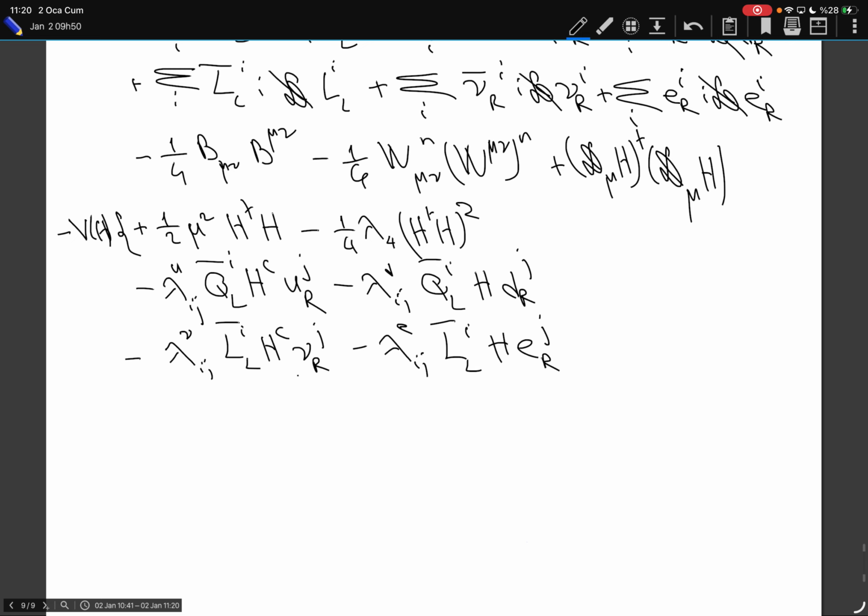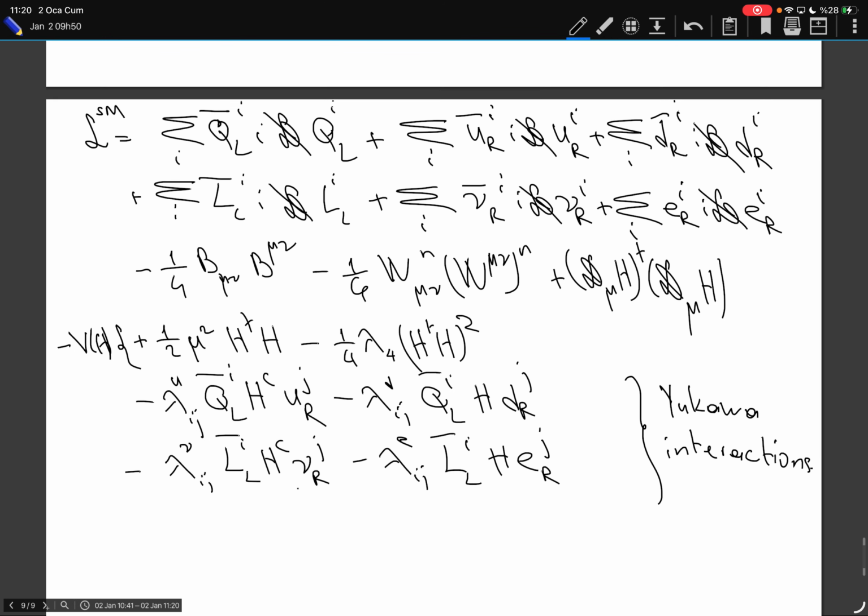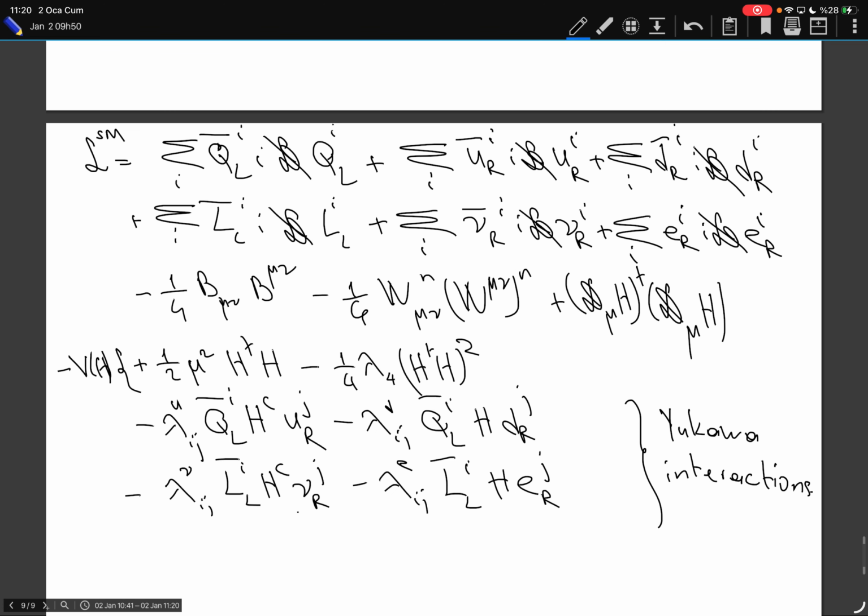These are the so-called Yukawa interactions. And this is my standard model Lagrangian.